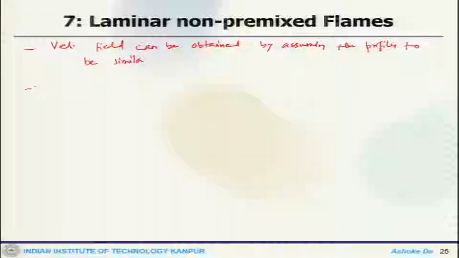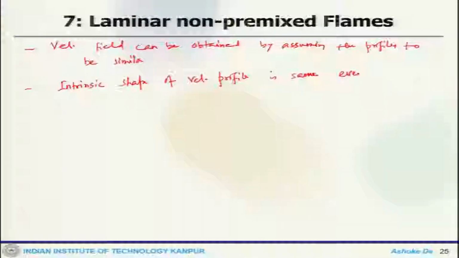Secondly, the intrinsic shape of the velocity profile is the same everywhere in the flow field.